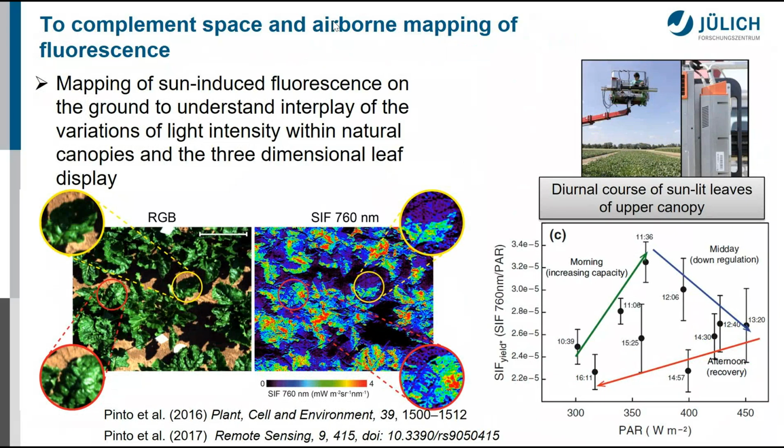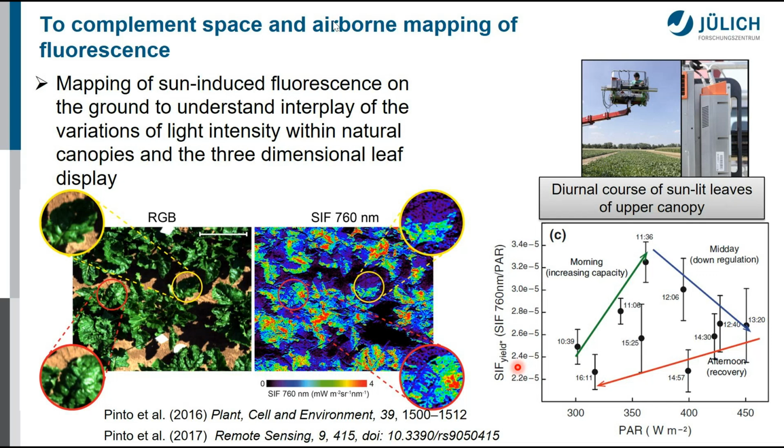Yes, totally right. So somebody paid well attention, and I tried to kind of sneak over this point. At this slide, I said, well, here we are plotting fluorescence yield. And this fluorescence yield is exactly the way which we try to use to address this problem. Because you're totally right, with a diurnal course, the more light we have, the higher the fluorescence signal comes, which is just a factor of the increasing light intensity.